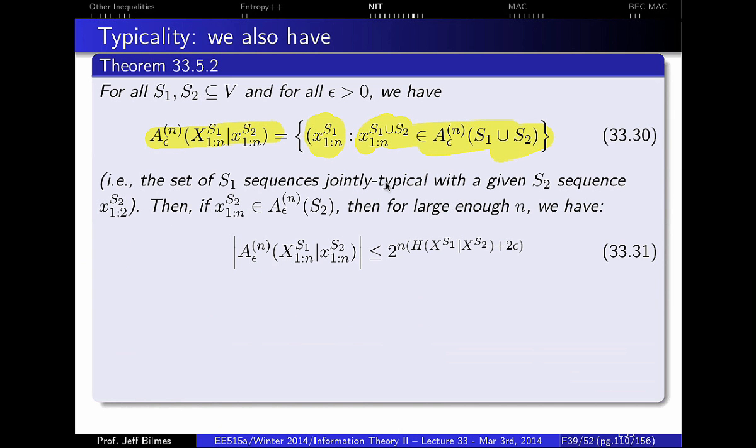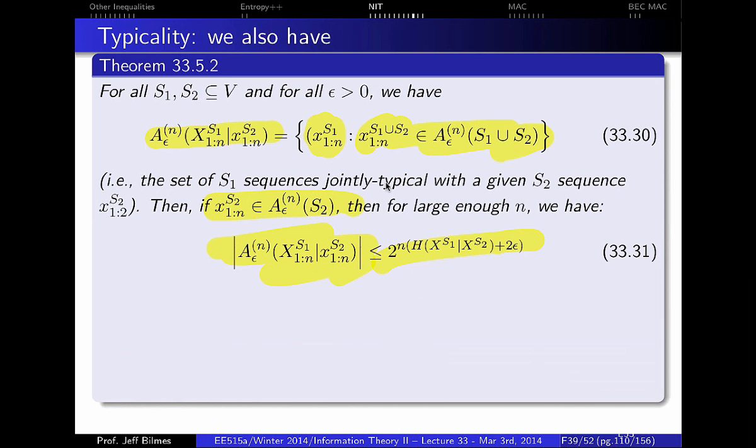Given that definition, for any such typical S2 sequence, we have a bound on the size of the typical S1 given S2 sequences, which is basically equal to 2 to the n times the conditional entropy.